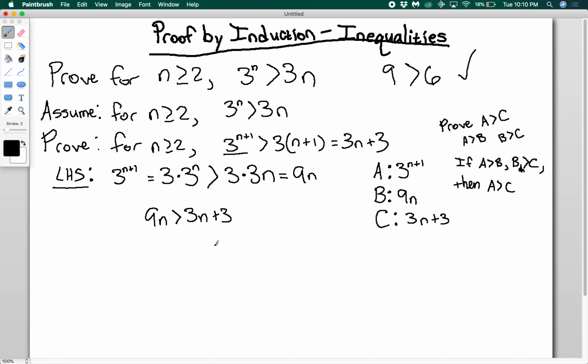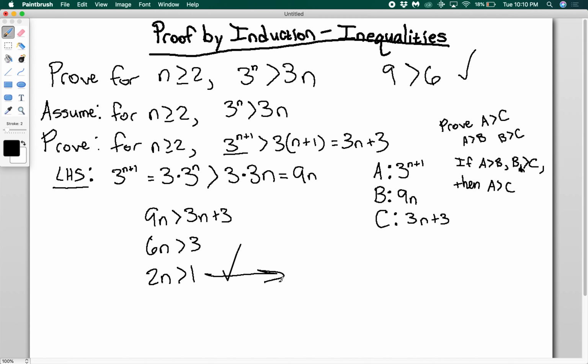And we can pretty easily show this is true. So I subtract 3n from both sides, I get 6n is greater than 3, and then 2n is greater than 1. Is this statement true? Well, I'm proving this specifically for n greater than or equal to 2. So the lowest possible value my left side could have is 4, and 4 is most definitely greater than 1. So we're done. We did it.